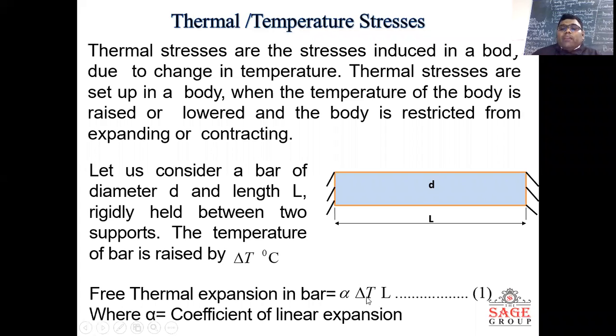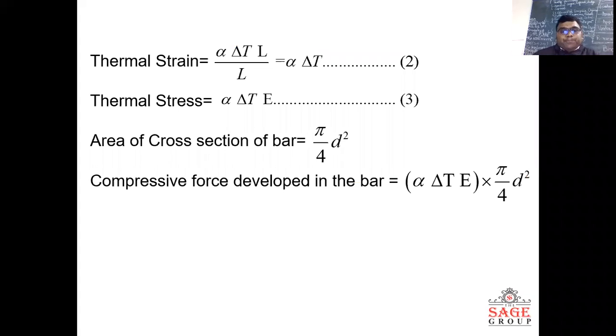We know that alpha delta T L is called the free thermal expansion. In another term, it is the change in length. This is equation number one.